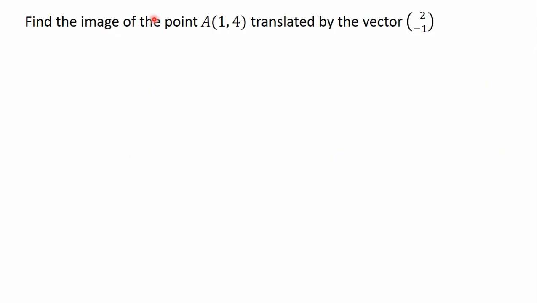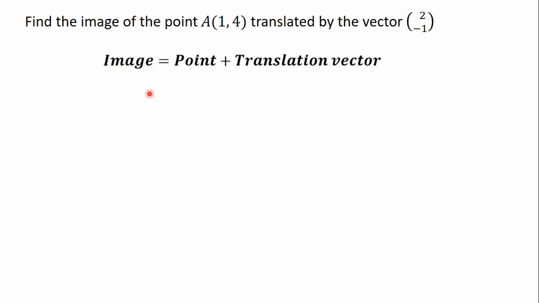It says find the image of the point A with coordinates 1, 4 when translated by the vector 2, minus 1. So we have the point A with coordinates 1, 4 and the translation vector is 2, minus 1. We learned from the previous video that image is equal to point plus translation vector.